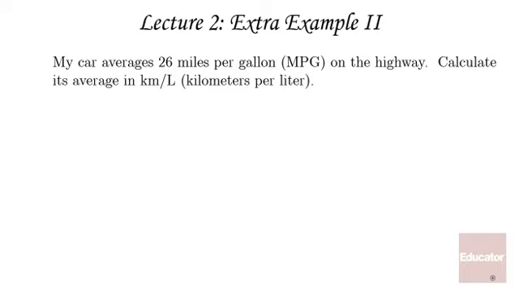Maybe I should tell you, you ought to get used to this, but since the United States has long since resisted the conversion to the metric system, it may be many years before you're required to know your mileage in kilometers per liter. Nevertheless, this would be the standard in, for example, most of Europe and certainly most of the rest of the world. Well, for this you need some conversion factors.